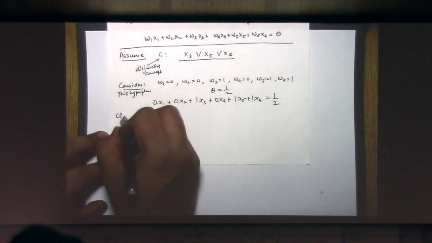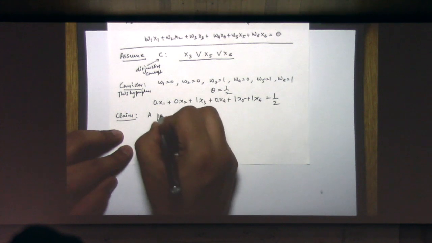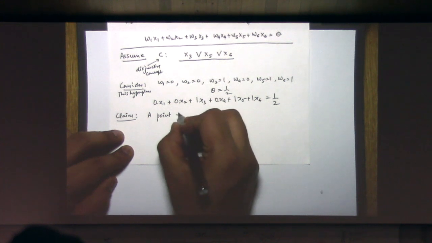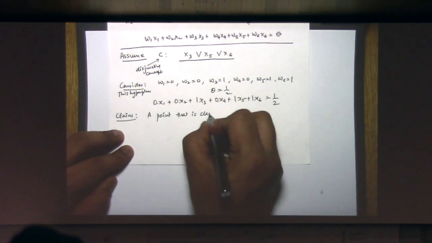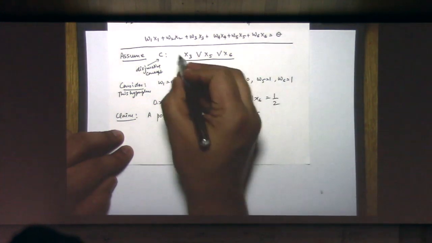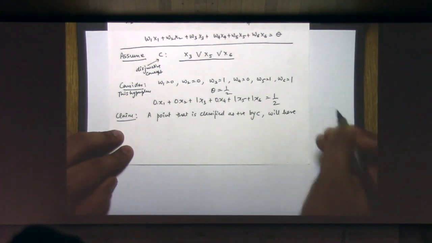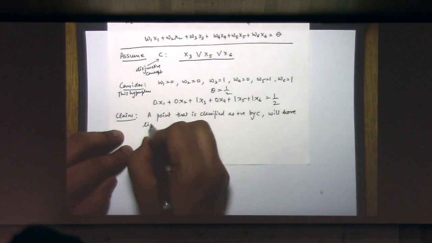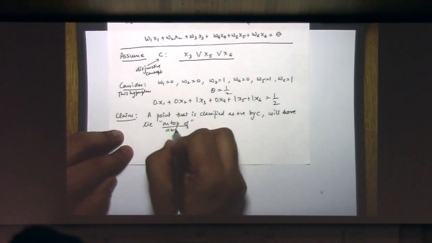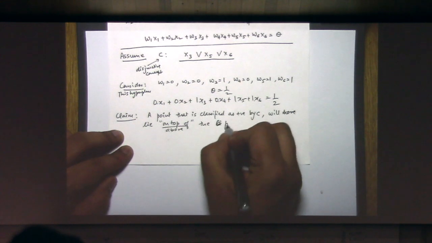So the claim that I'm making is a point, which is essentially a 6-dimensional binary vector, that is classified as positive by C will lie above, sometimes we say above the plane, this plane.